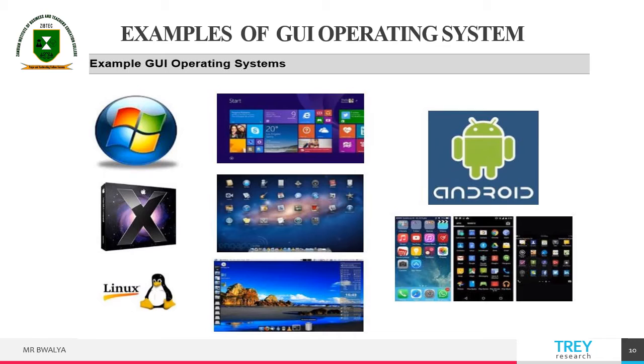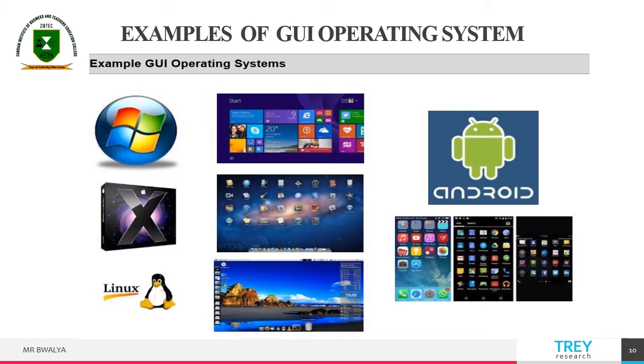Here then these are the examples. This is Windows 7, the next one is Windows 8. Then we've got the X here, which is representing this type of window. We've got Linux.